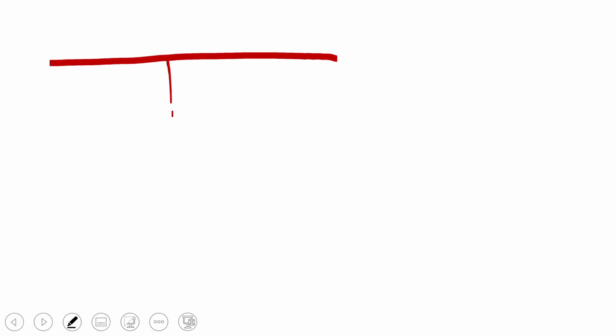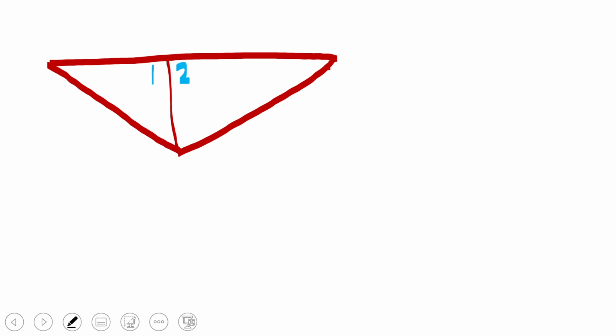Okay, in our last example, if you are given a situation like this, and we see angles 1, 2, 3, and then we have some degrees given to us.